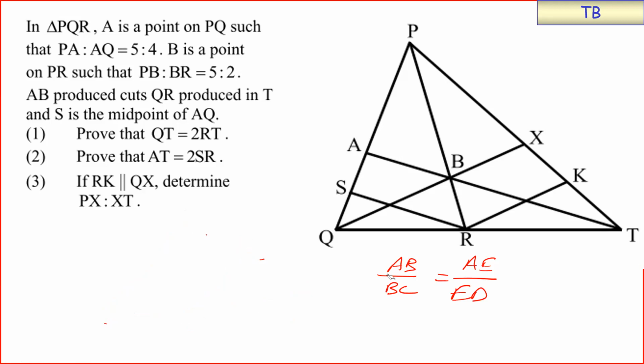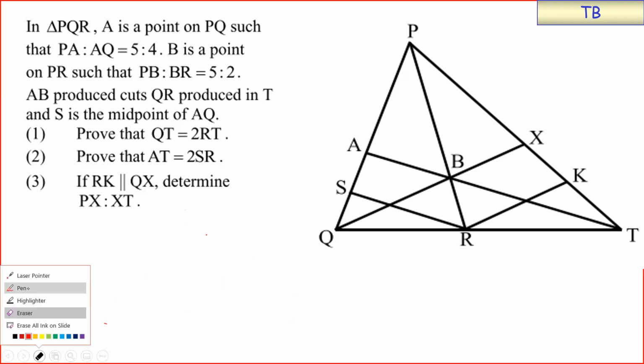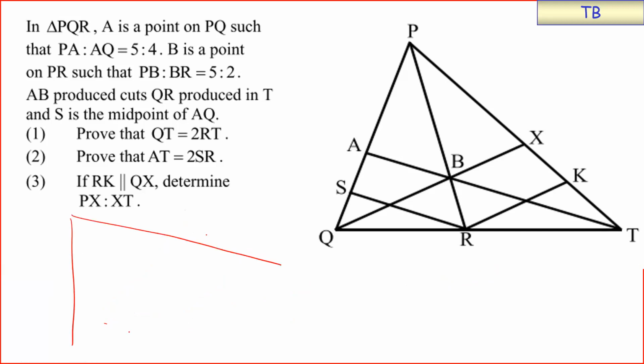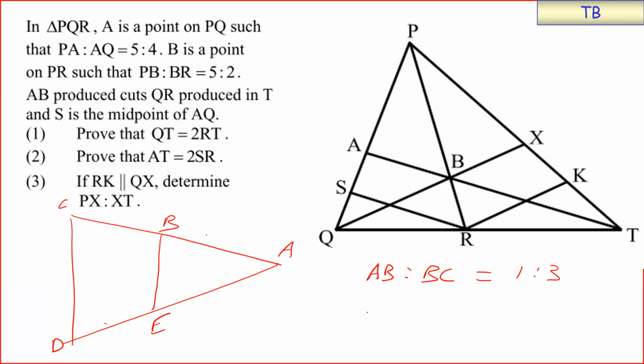Now you better start watching the converse. So in a converse situation, if I tell you A, B, C, D, E, and AB is to BC is equal to 1:3, and AE is to ED is equal to 1:3.